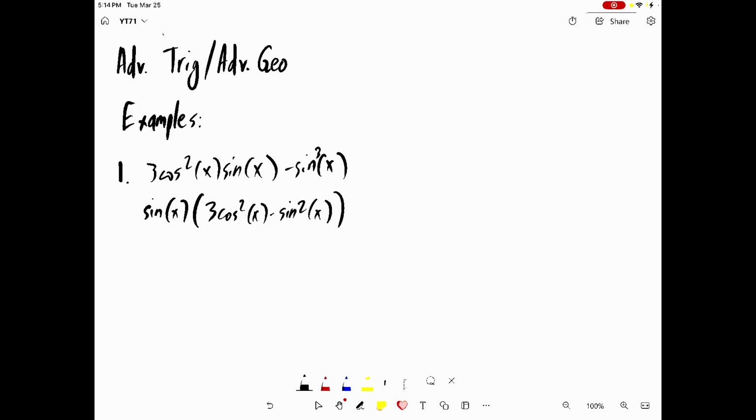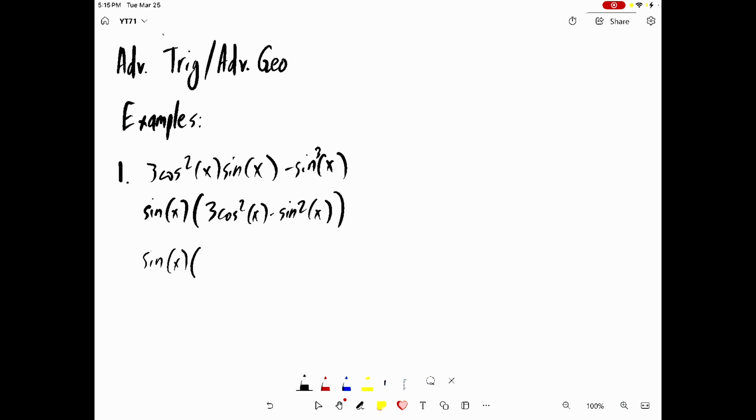What property you could have noticed was, if you saw cosine squared x and minus sine squared x, you'd have known that's the equation for cosine of 2x. The equation for cosine of 2x is just cosine squared x minus sine squared x, but we have 3 cosine squared x. So, the next step that we need to take is to factor out sine of x, of course.